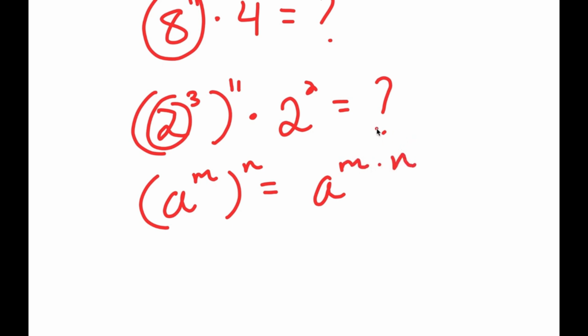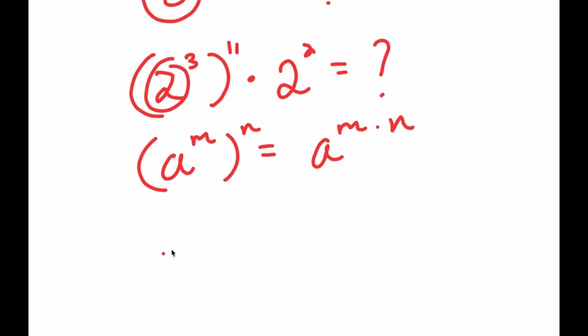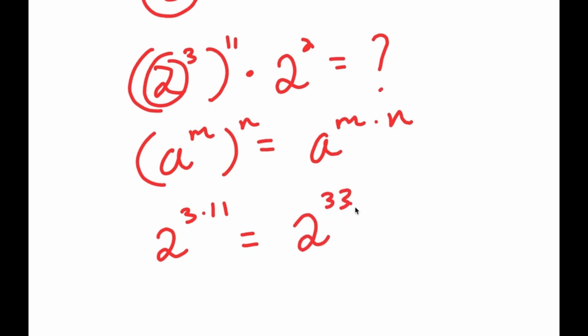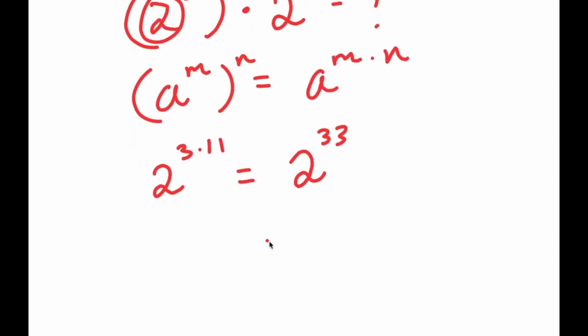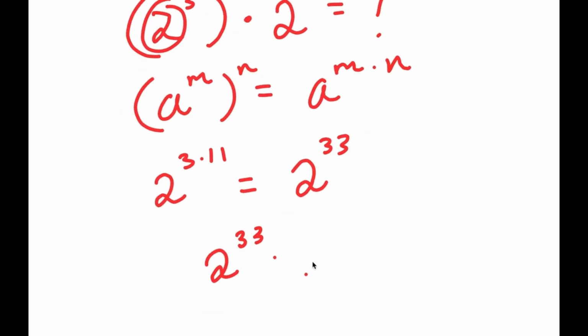So 2 to the power of 3 to the power of 11 is going to equal 2 to the power of 3 times 11, which is equal to 2 to the power of 33, because 3 times 11 is 33. So I get 2 to the power of 3 to the power of 11, which is equal to 2 to the power of 33. So now I have 2 to the power of 33 times 2 squared.